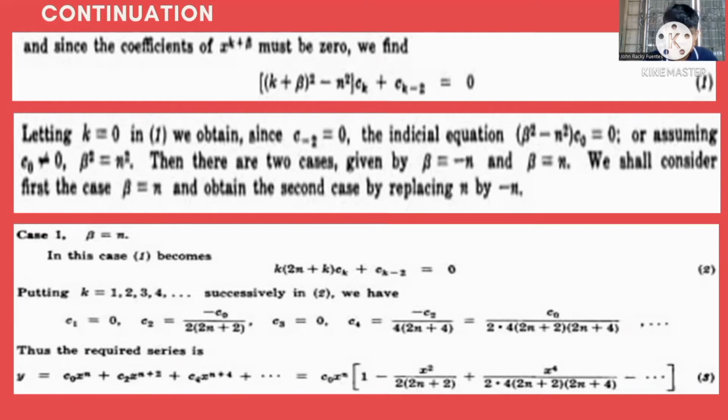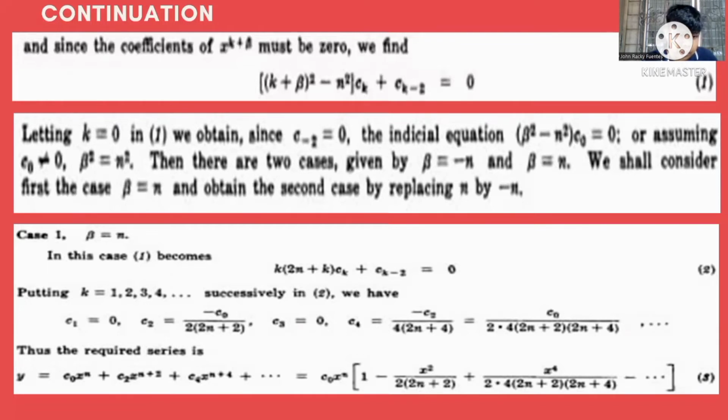Sa c sub 4, c sub 4 is equals to negative c sub 2 all over 4(2n plus 4), which is c sub 0 over 2 times 4 (2n plus 2)(2n plus 4). Parang tuloy-tuloy ulit siya.